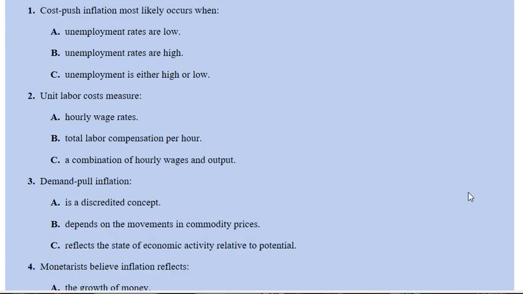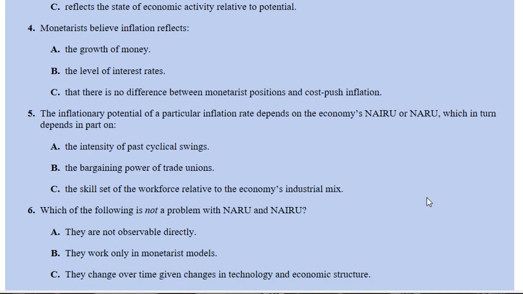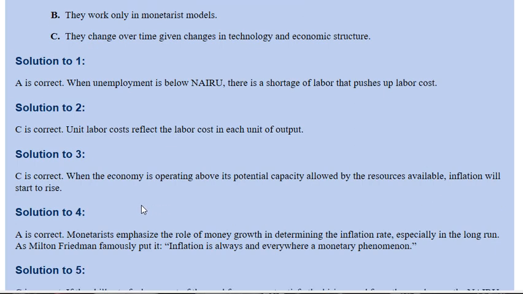If I scroll down a little bit more, here's another question, number 3, on demand pull. Demand pull inflation, A, is a discredited concept. B, depends on the movements in commodity prices. Or C, reflects the state of economic activity relative to potential. So just scroll down on number 3. We can see that C is correct. When the economy is operating above the potential capacity allowed by the resources available, inflation will start to rise.